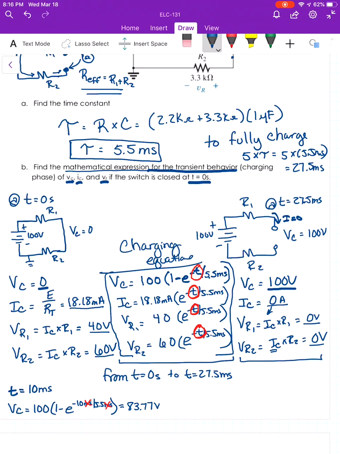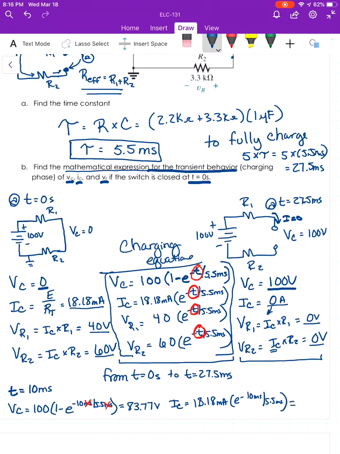And then our I sub C, and we'll figure out the VR1 and VR2 another time maybe. 18.18 milliamps, e to the minus t over tau, so e to the minus 10 milliseconds over 5.5 milliseconds.